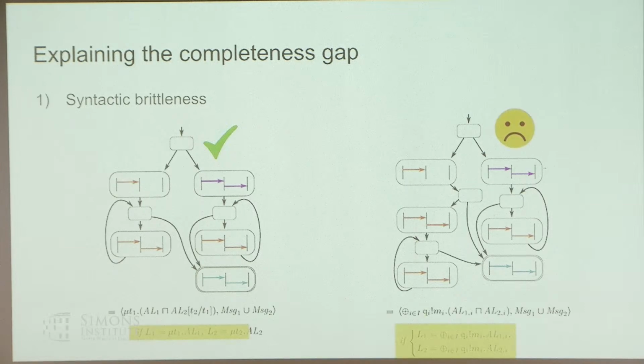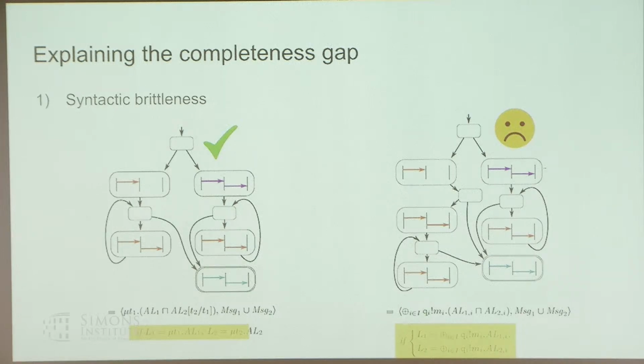However, when we try to project these types using these syntactic linear projection operators, what is done is basically a traversal of the type inductively. And for each action, we try to convert the global action into the corresponding local action and thus transform it into a local type.